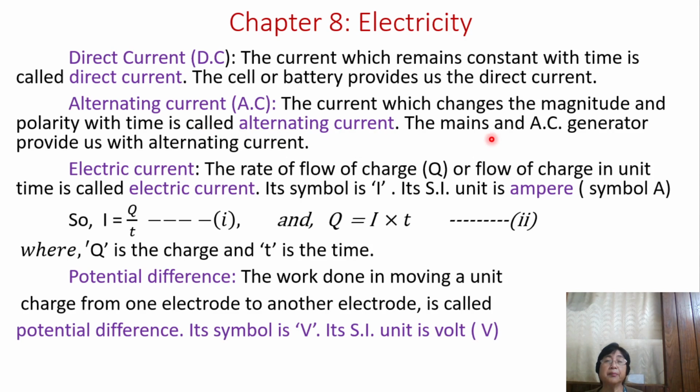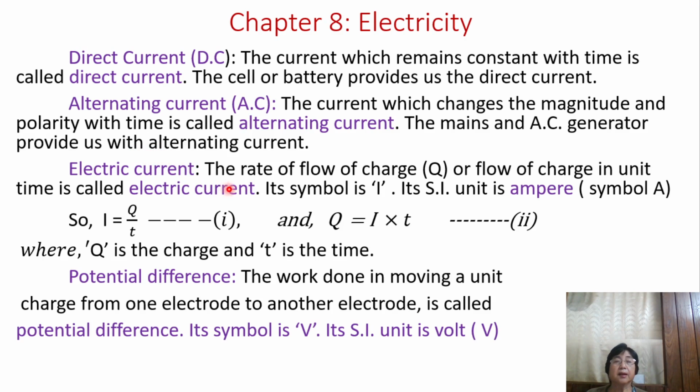The mains is the source that we get from the electric supply of the city substation, and an AC generator provides us with alternating current. So these are the two sources which mainly give us alternating current.